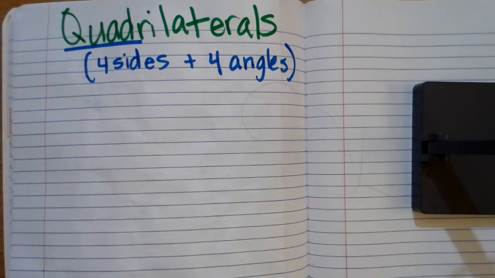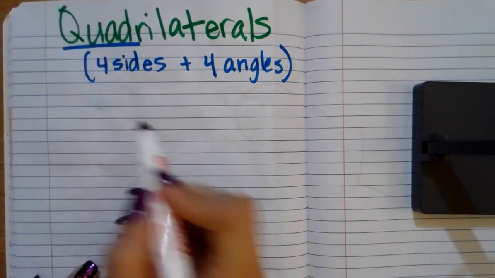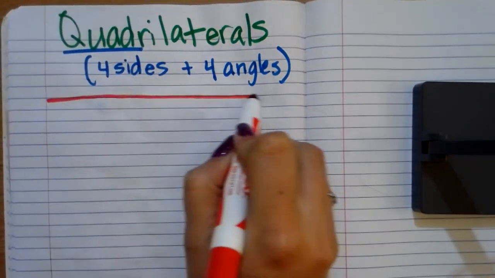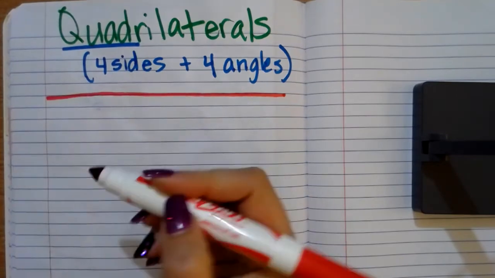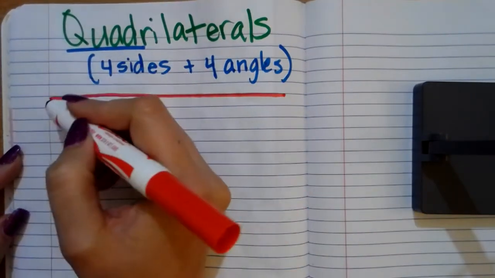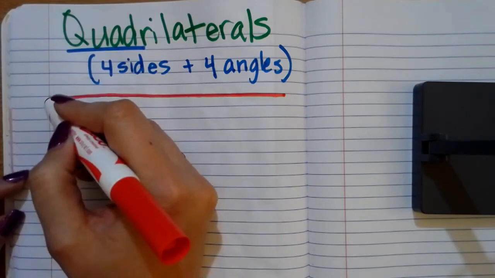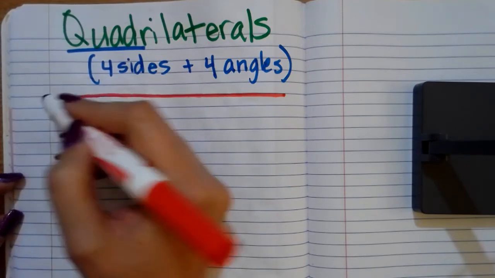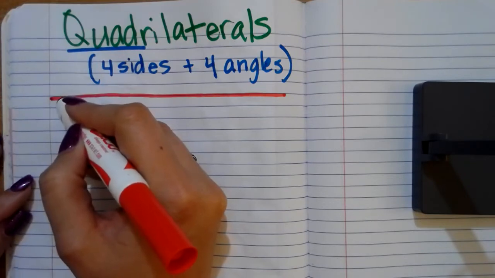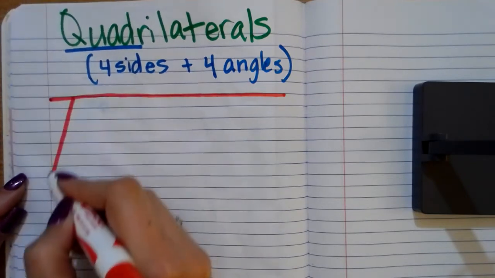So I'm going to draw a big quadrilateral. All right? So do this with me. I should have gone in a little bit, but that's okay.